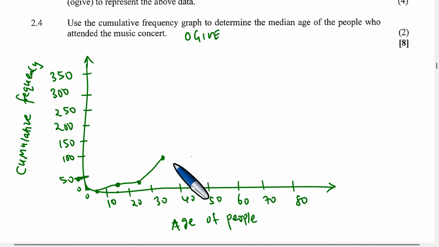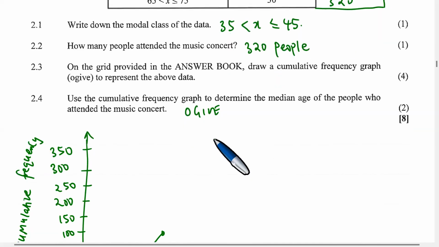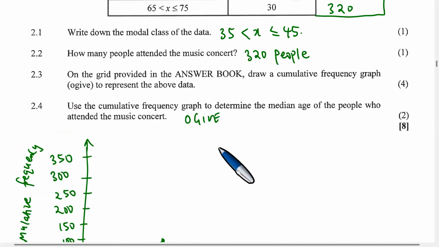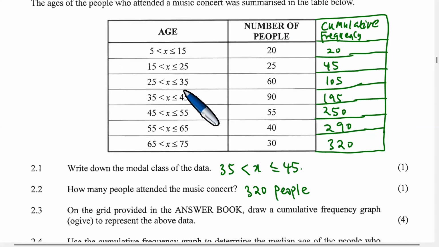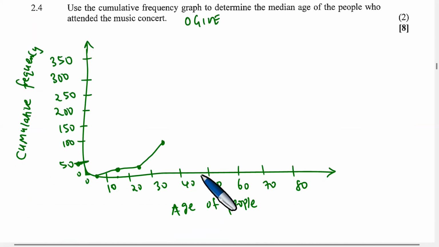And then now you have the next one. We have taken 35, and then we're taking 45 with 195.